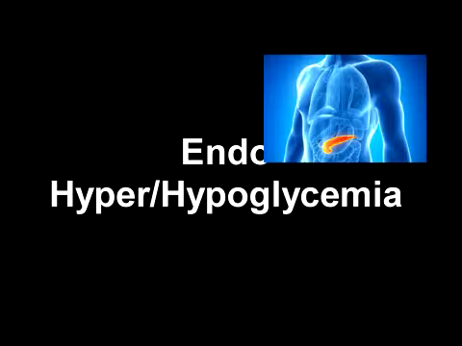So increased proinsulin is one of your markers for pancreatic insulinoma, okay? And then, again, as usual, your growth hormone and your cortisol will respond to low blood glucose by increasing their levels.